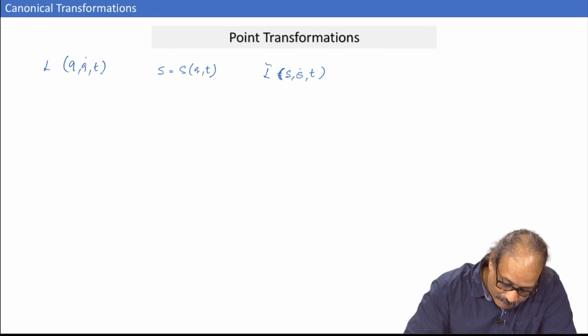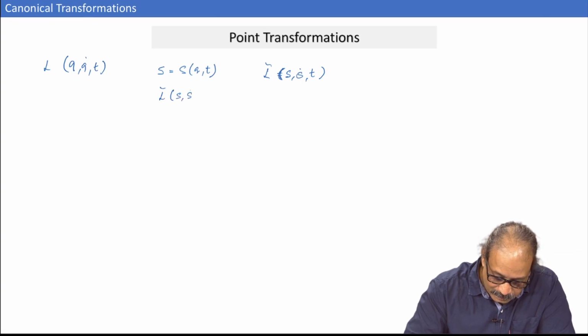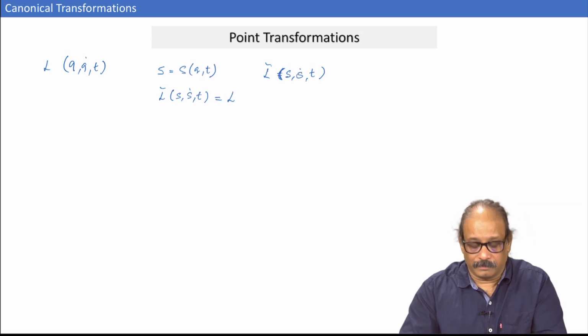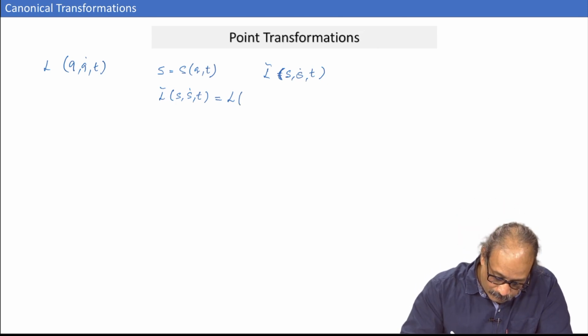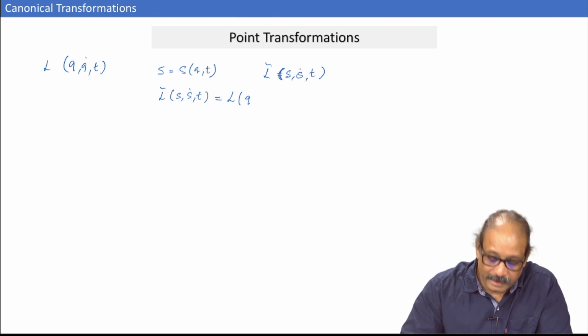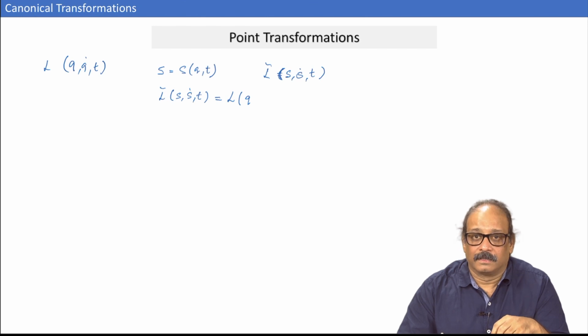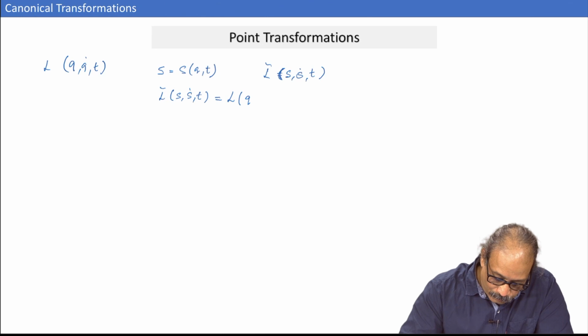So, L tilde here, which is a function of s, s dot and t, this also must be equal to, and this is of course the definition of the transformation. So, all the functions would transform like this: you have to write the Lagrangian, but now take all the old variables and transform them to new variables. So, write q as a function of s and t.